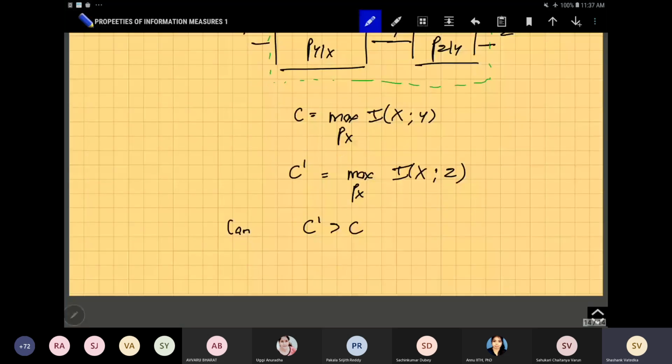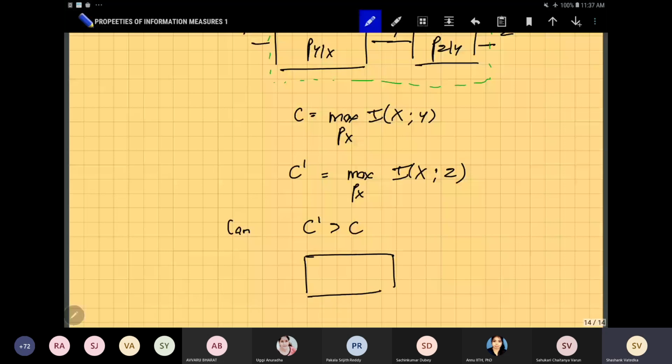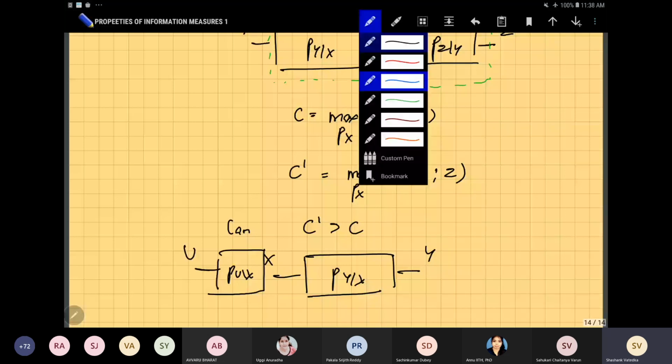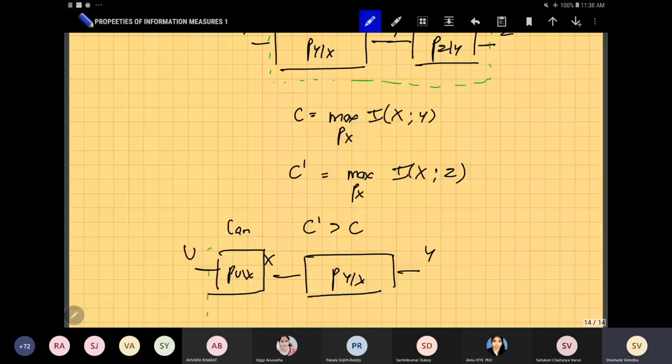Or if I do some kind of pre-processing at the input. Let's say that I have Py given X, the input is X, the output is Y. Can I do some pre-processing at the input, maybe Pu given X, so that the effective channel now becomes Py given U?